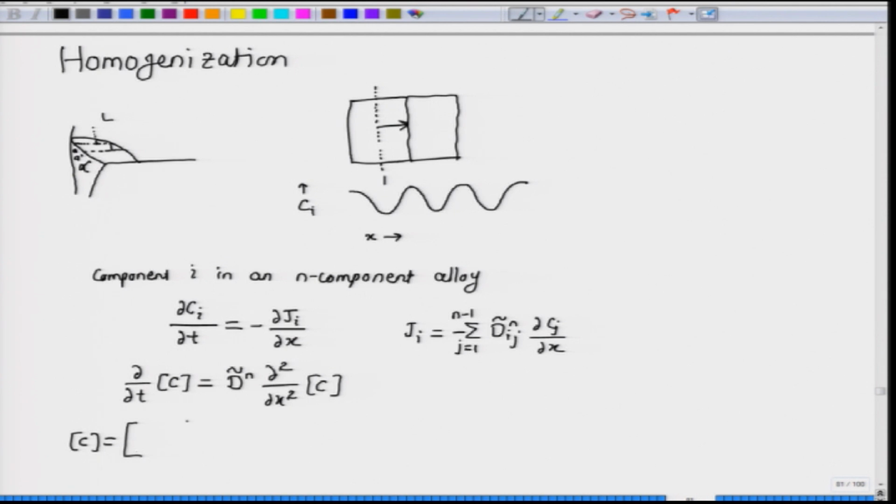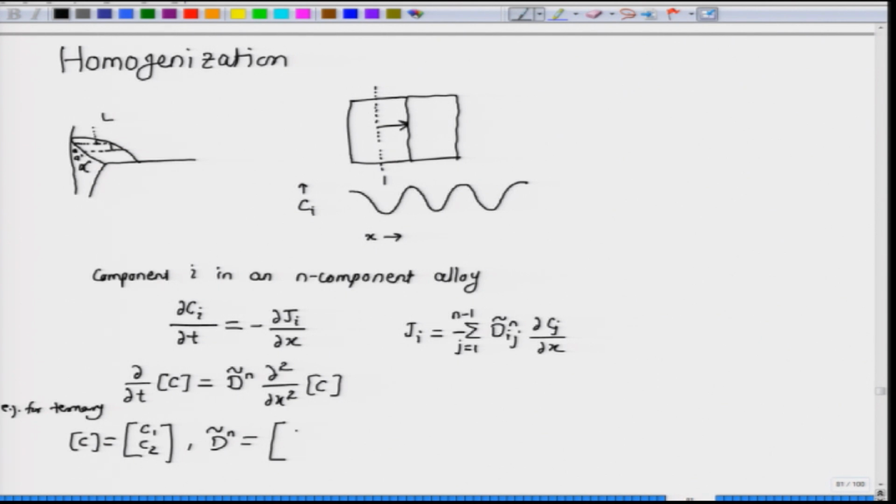So, for example, if we expand this for a ternary, we have two independent concentrations. So, this is a column matrix of C1, C2, and D tilde n is the matrix of interdiffusion coefficients. For a ternary, we need 4 interdiffusion coefficients.